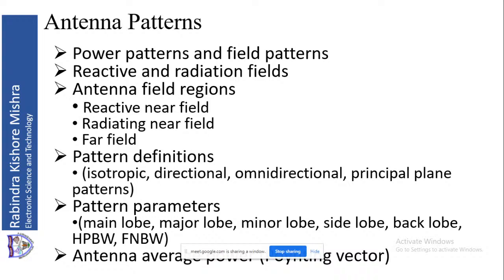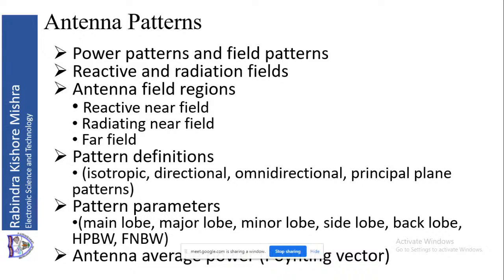So if you draw the field pattern, above the zero line there will be some portion of the pattern, and below the zero line there will be some portion of the pattern. The portions of the pattern below the zero line will be flipped. To explain this, you have to draw the figure in the Cartesian coordinate system, not the polar plot.